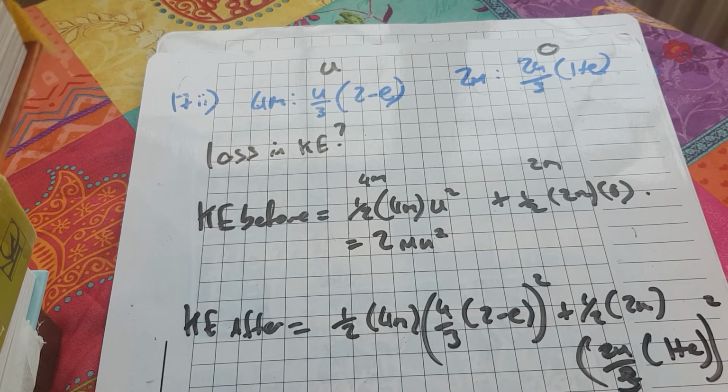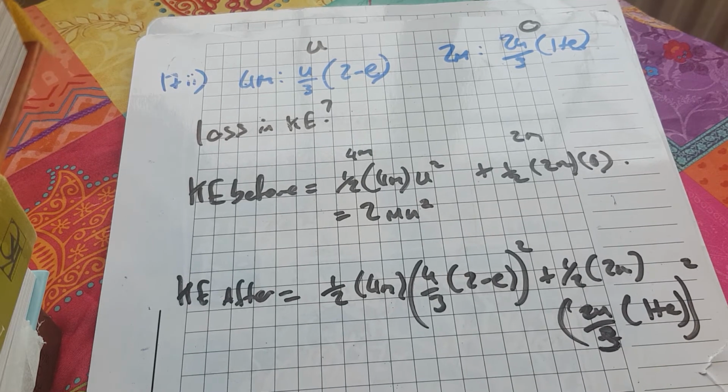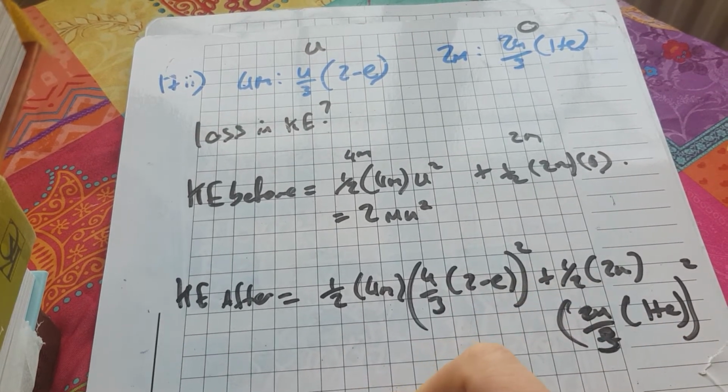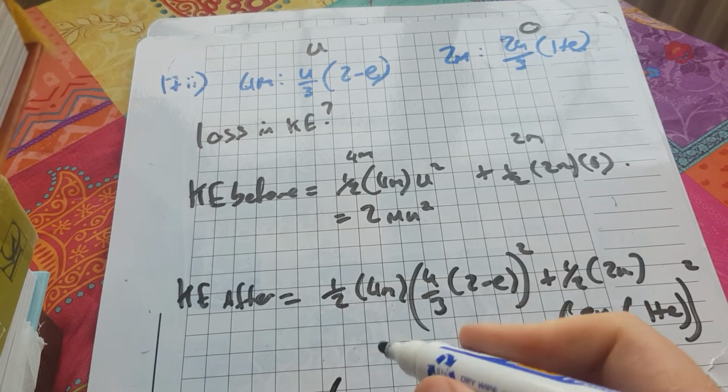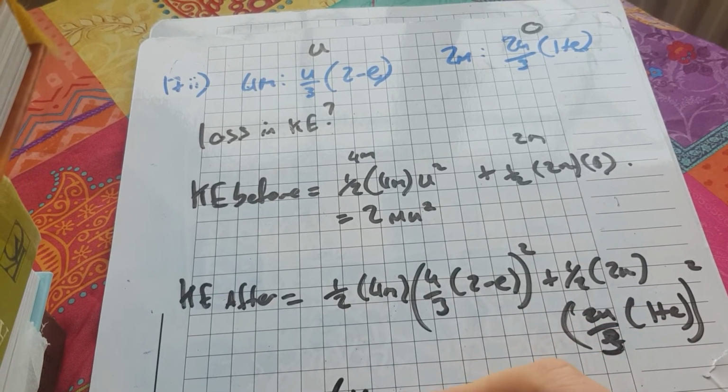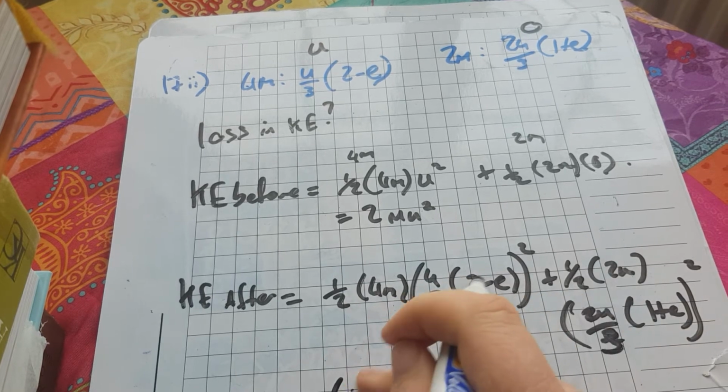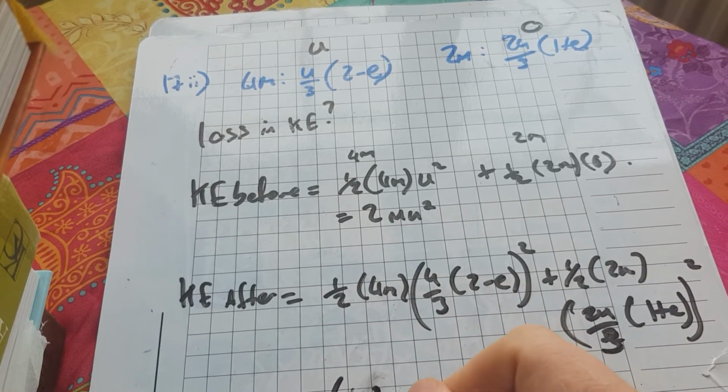Now, this basically becomes algebra in how to get it into the form that they're looking for. So I'm going to keep going with after. So half 4m is 2m by squaring everything. I get 16. So that's u squared over 9.